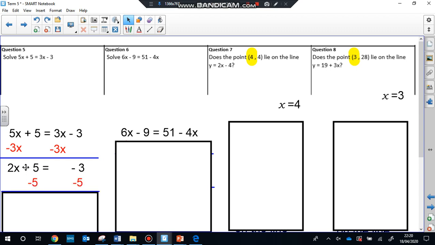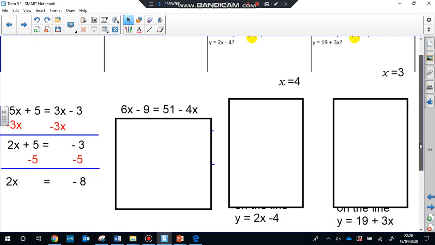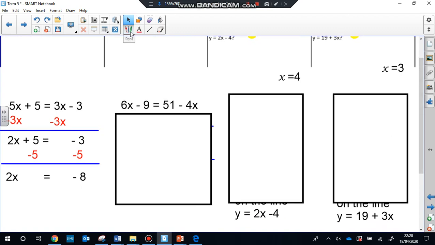Okay, so 5, take away 5 is going to give me nothing. So I've got nothing here. The 2x is staying as it is, I've not done anything with that. But then I've got minus 3 subtract 5, means I'm becoming more negative, so the answer is minus 8. So I've got 2x equals minus 8, and remember I'm always looking to find out what x is.